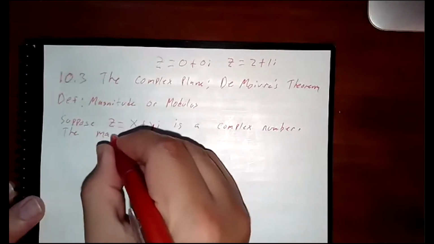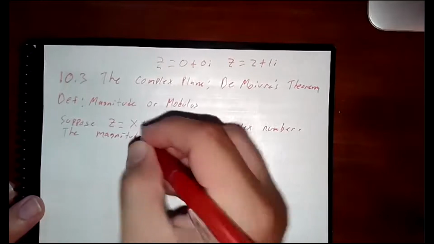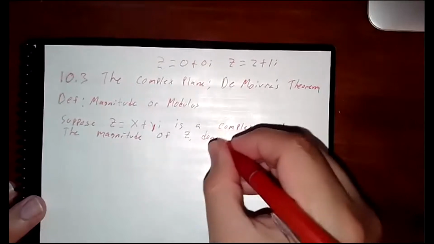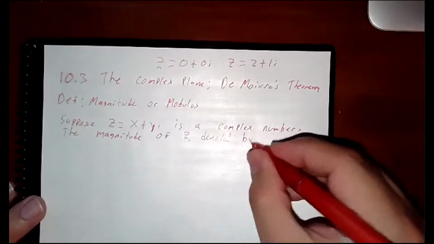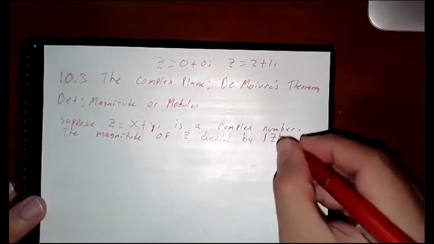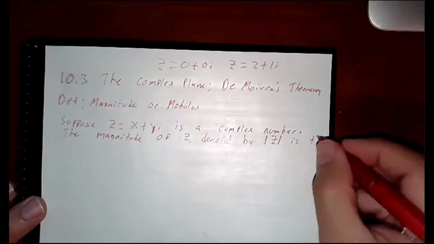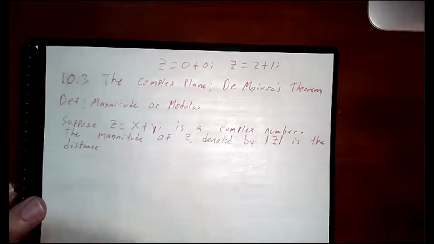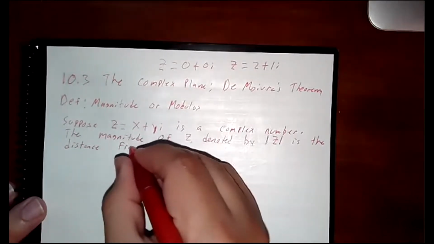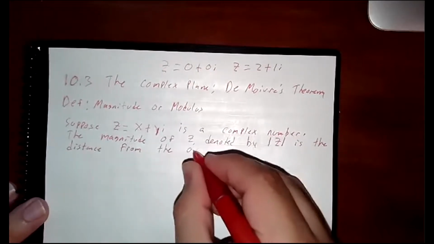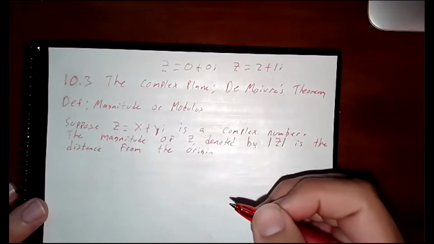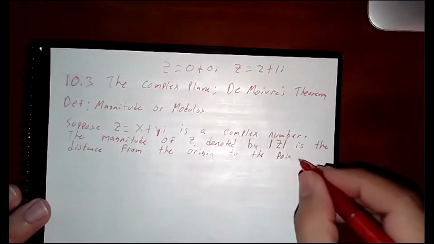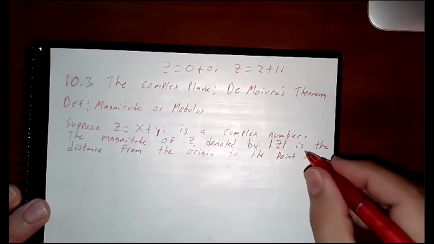The magnitude of z, denoted by the absolute value bars, is the distance from the origin to the point x comma y.